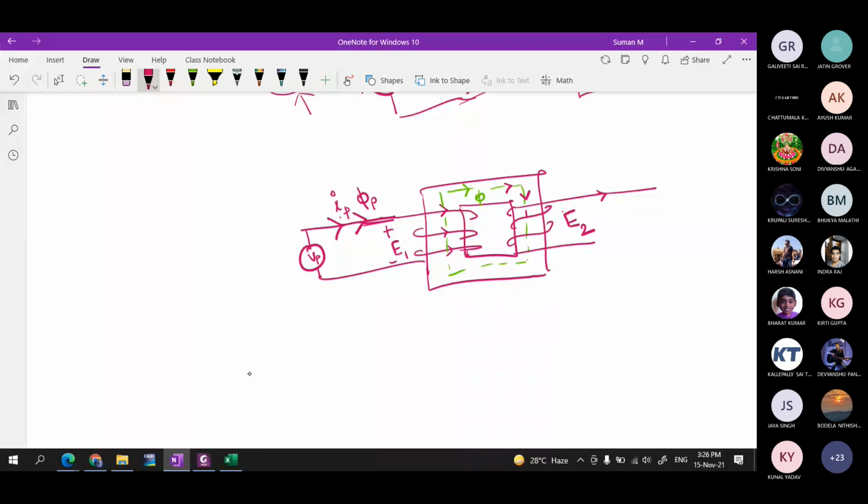This flux induces this EMF, so if it is capable of supplying some current, provided the circuit is closed, that current should oppose this flux. So the current should come out of this polarity. Then only will this current establish some flux in the opposite direction.